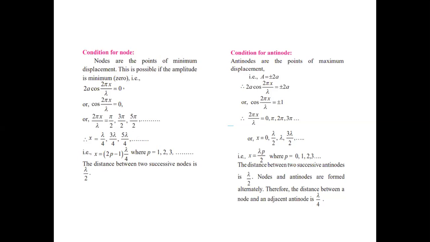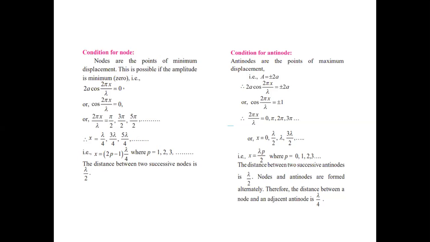In general, we can write x is equal to, in the bracket, 2p minus 1, bracket complete, lambda upon 4, where p takes the values of 1, 2, 3, 4, 5 and so on. The distance between two successive nodes is lambda upon 2. You can consider any two points, suppose 3 lambda upon 4 and lambda upon 4.